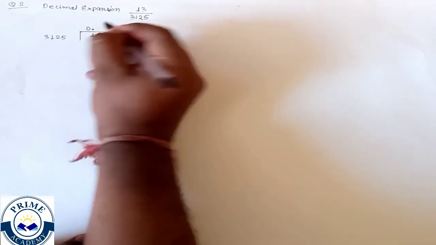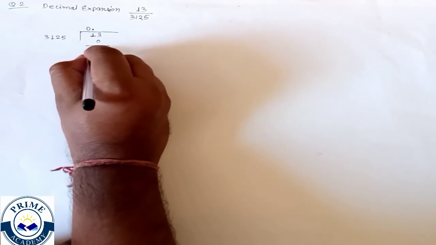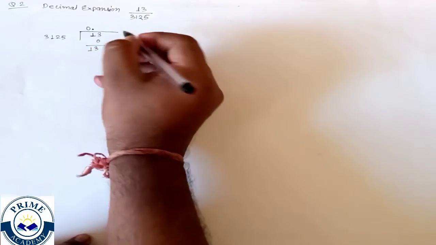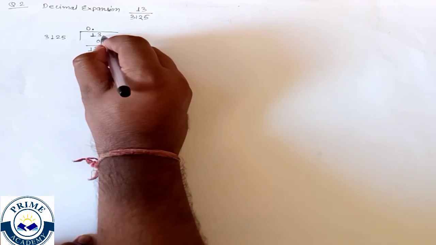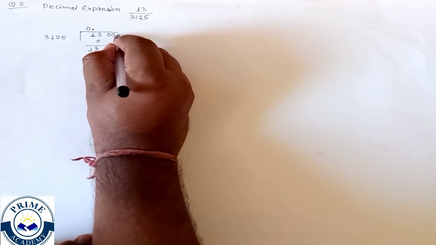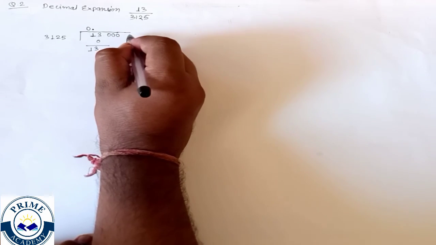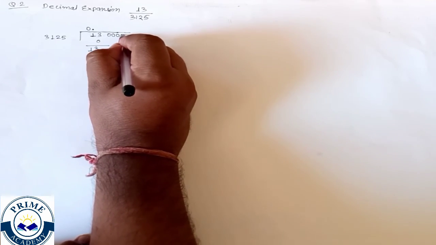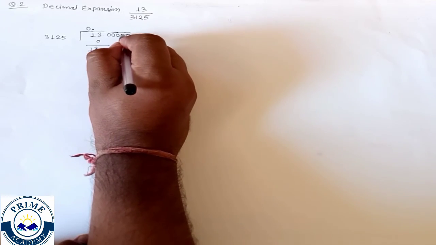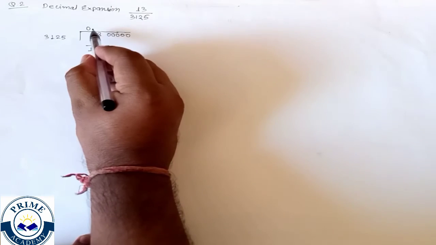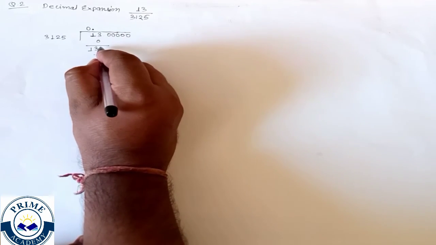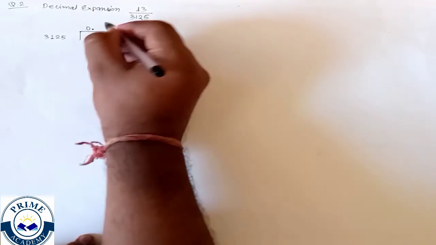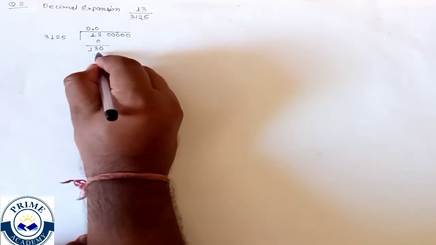You put the decimal point and a 0, and you get 13. But what we can do is add more zeros here. Just take decimals and you get 13 again, so put one more 0.